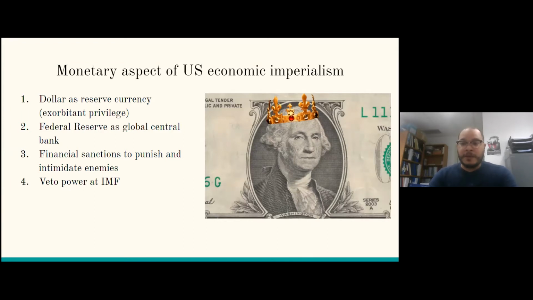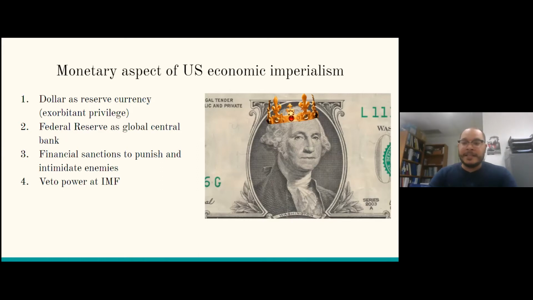One of the clear manifestations of this power that you see play out politically is the ability to deny countries access to the global financial dollar-based system, which we can impose sanctions to both punish, and in many cases, simply the threat of imposing sanctions is enough to intimidate the US's official enemies.